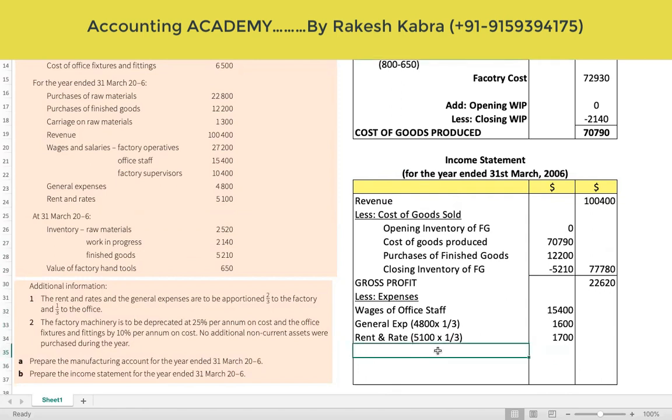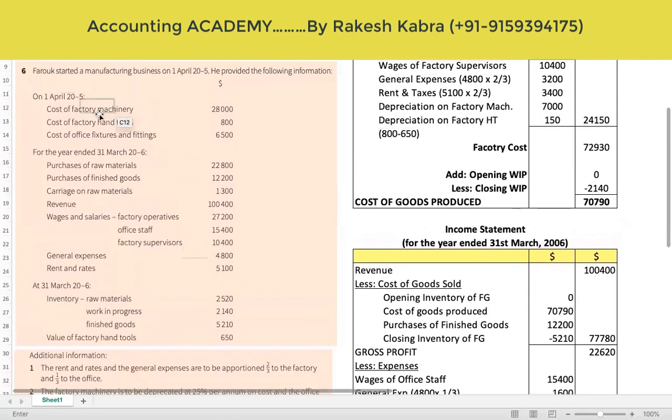Now I will take depreciation on office fixtures and fittings. What is the rate given? 10% per annum on cost. On cost means straight line method only. So let's see the value of office fittings.